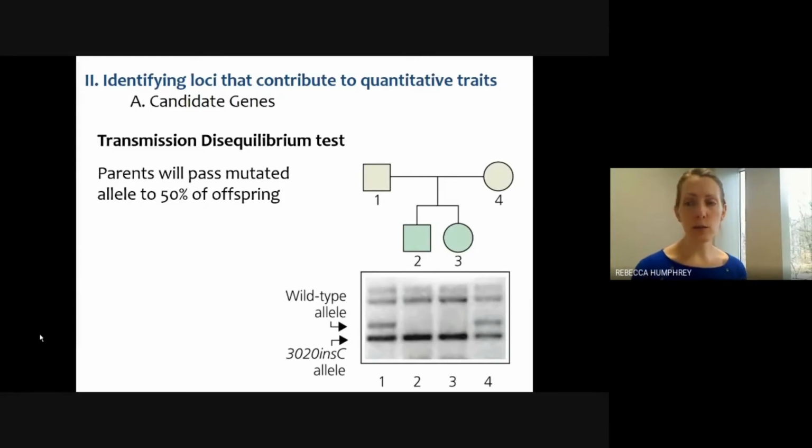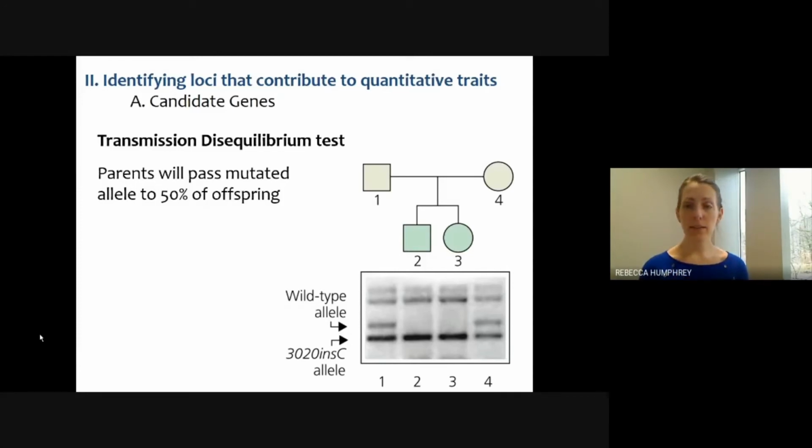The transmission disequilibrium test says, is the prevalence of the mutated allele 50% among affected offspring or greater than 50%? And if it's greater than 50%, that suggests that there is an association between receiving this allele from your parent and having the disease, okay?